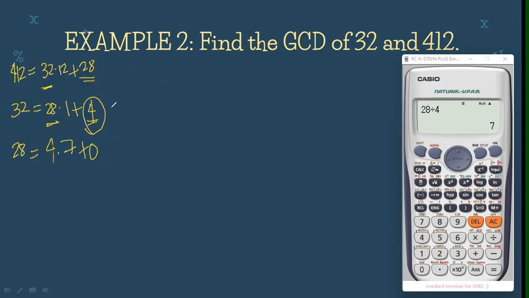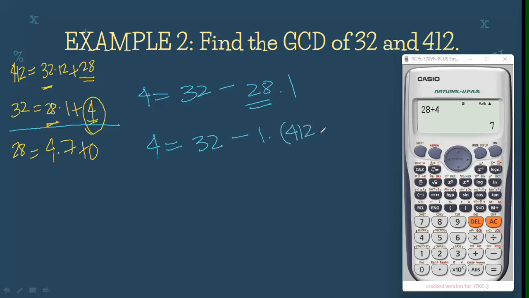So ngayon po, ang kakailanganin nating line is ito po. So we have 4 is equal to 32 minus 28 times 1. So si 28 po, meron pa po siyang equivalent dito. So we have here 4 is equal to 32 minus 1 times, ano po yung magiging equivalent niya? 412 minus 32 times 12.